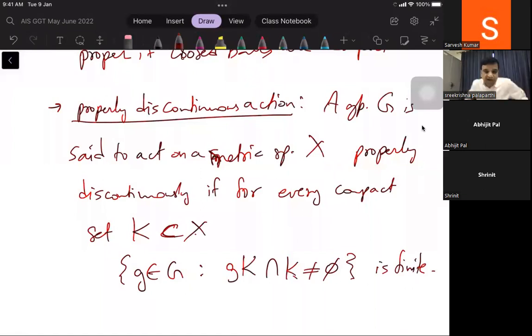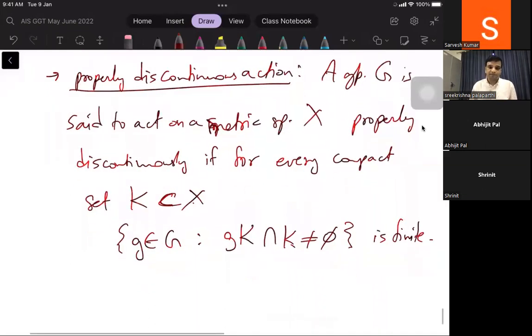If this set is finite, then you say that this action is properly discontinuous.